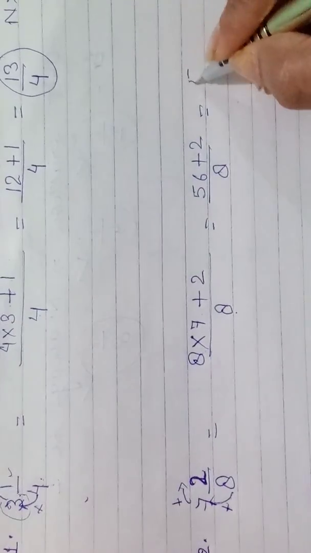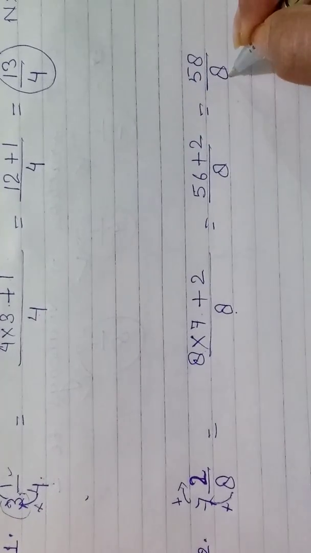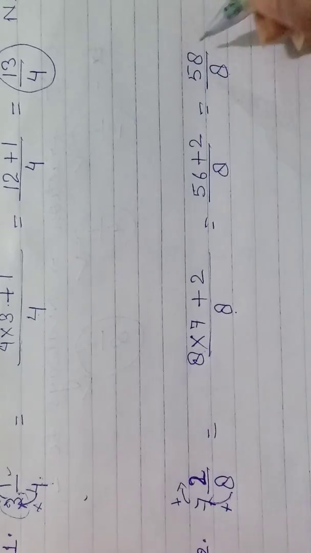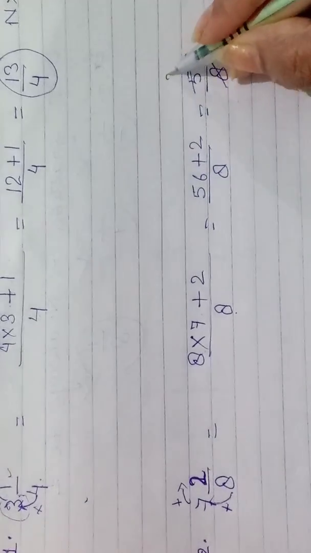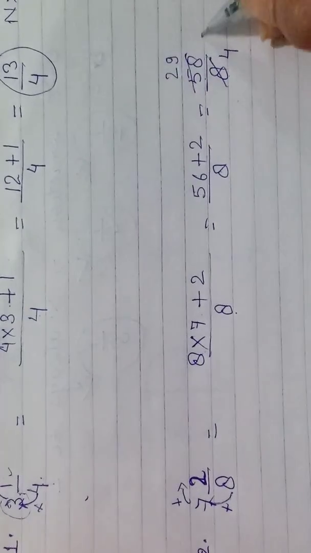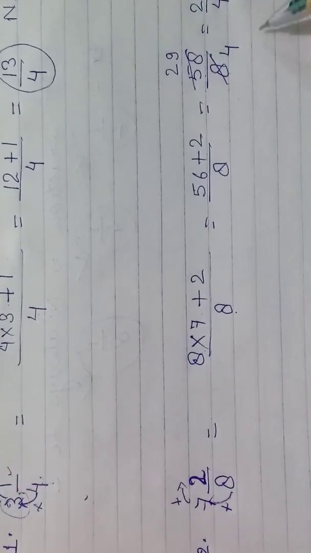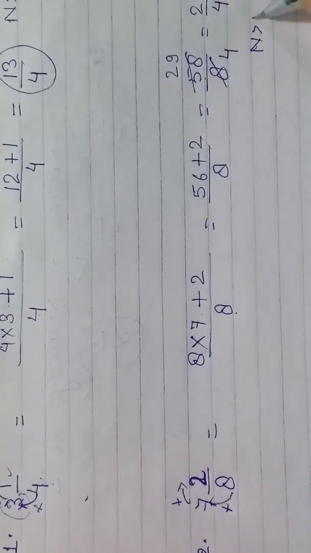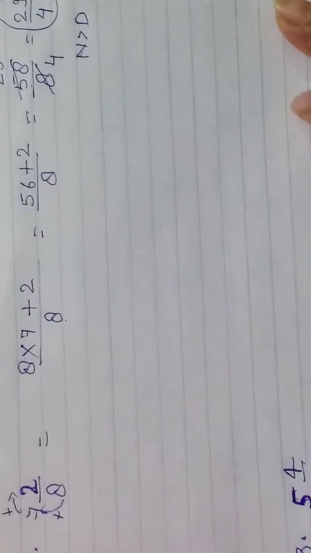What will we get as the answer? 58 by 8. We can simplify it also because it can be divided by 2. So 2 2s are 4, 2 9s are 18 (29 by 4). Here we can check it, the numerator is greater than the denominator, so it is an example of improper fraction.